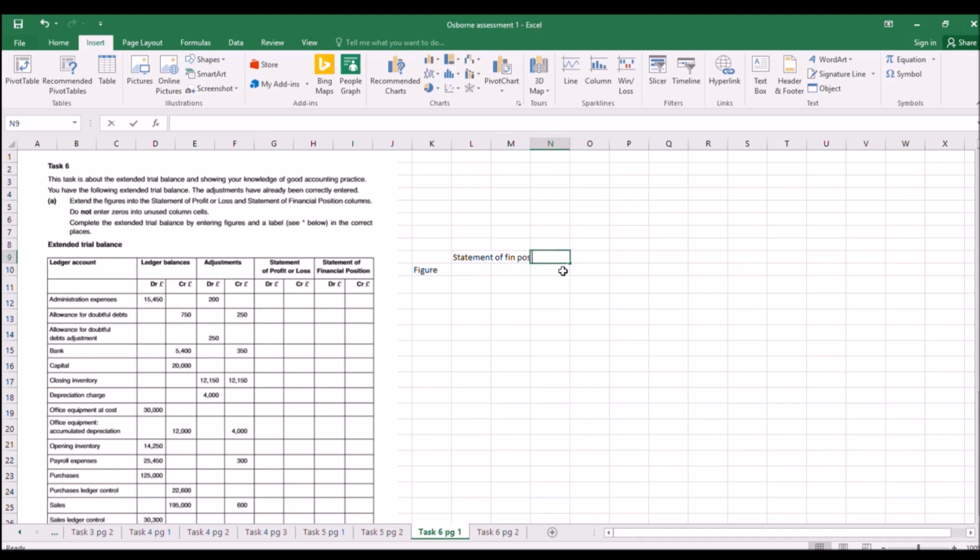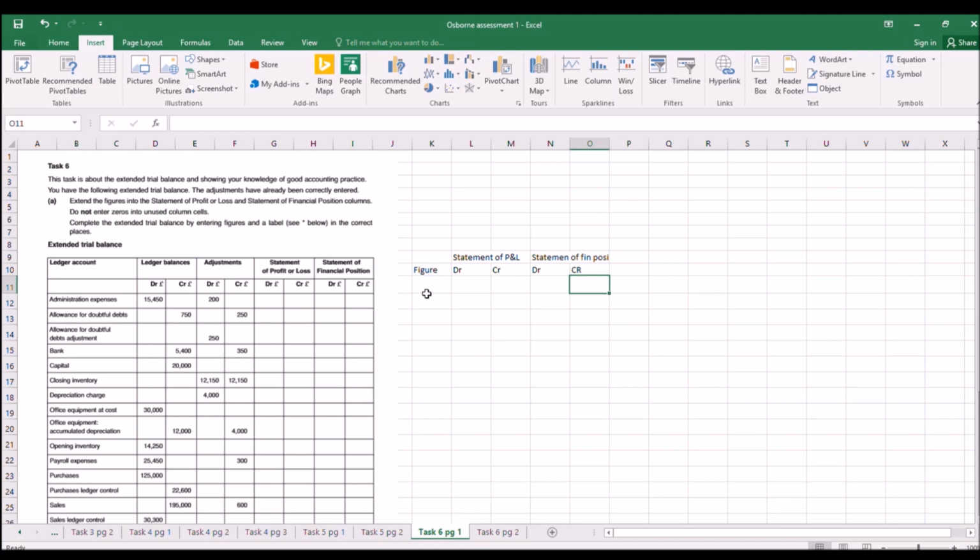Statement of financial performance. Well, I'm going to use P&L. Statement of profit and loss could be the statement of financial performance. And I'm going to go debit here, credit there, debit and credit. So I'm just going to copy out effectively to them.